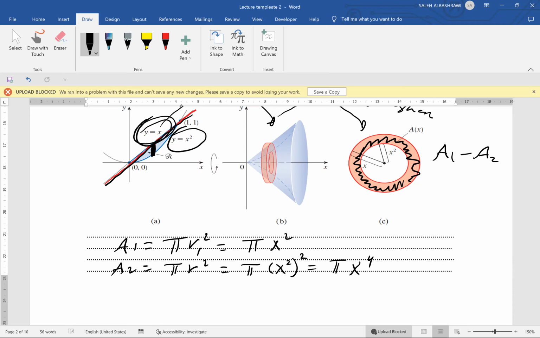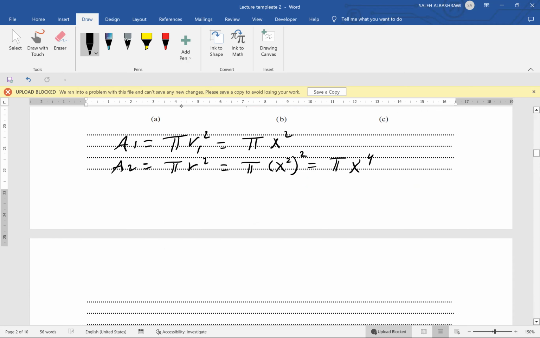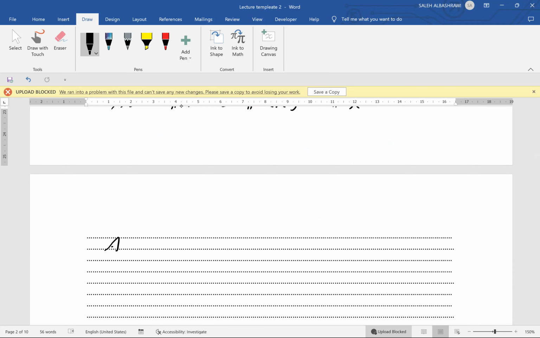Now, if I want to find the shaded area for this cross-section, it is A1 minus A2, which is equal to pi x squared minus pi x to power 4. We can take pi as a common factor, so it will be pi times x to power 2 minus x to power 4.